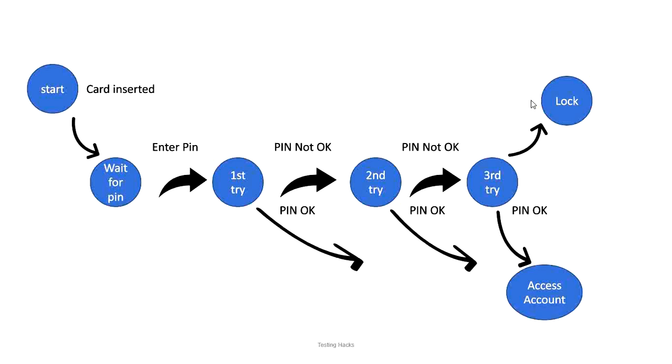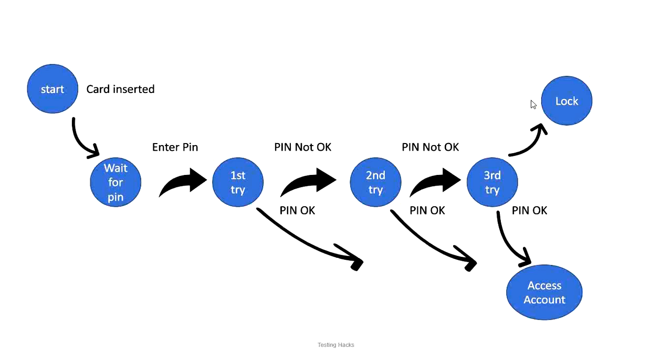Your account was in an active status, and finally it got locked because you entered the wrong pin three times. In the case of the right pin, you will be able to access the account, where the account stays in an active status itself. But when you enter the wrong pin, ultimately your account, or else your card, will get locked.